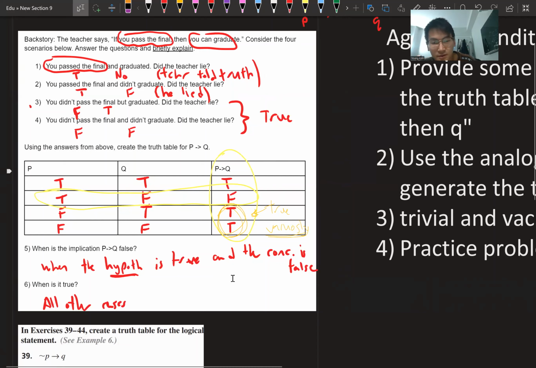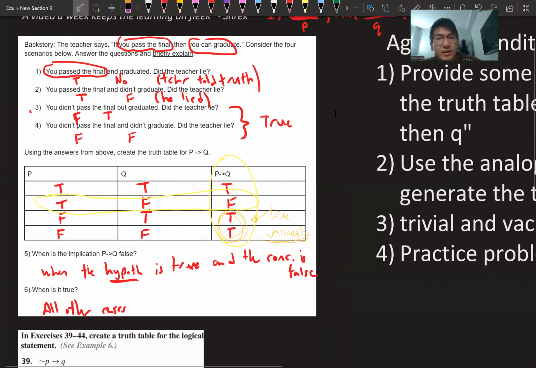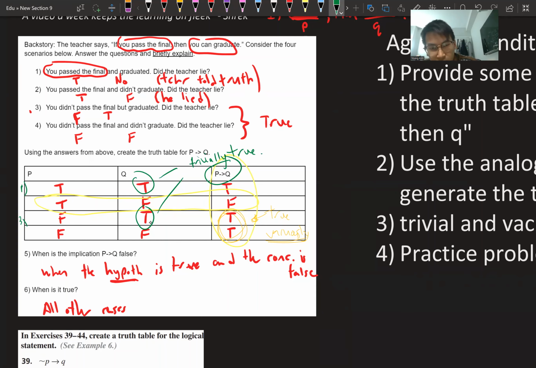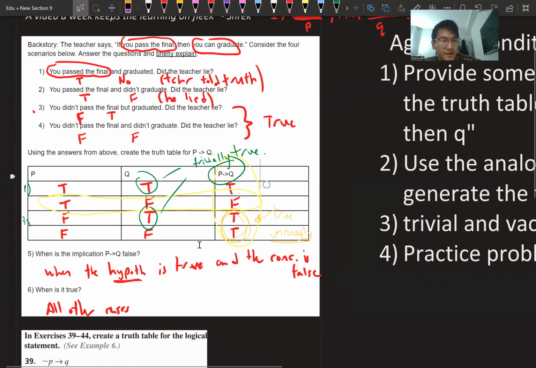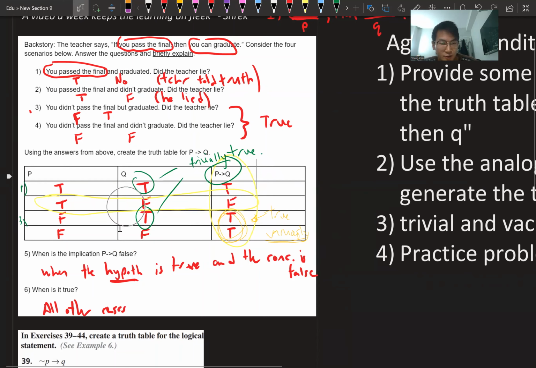This is true vacuously. Also, for case one and case three, when you can show that the conclusion is always true regardless of the P value, sometimes they say that the implication is trivially true.